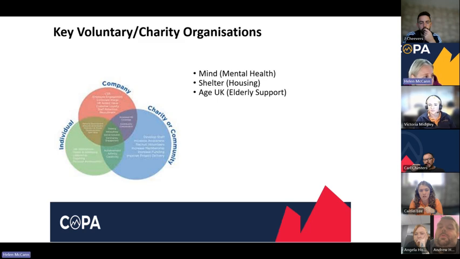Anybody else got any key voluntary or charity organisations that they might work with? Have you ever done any charity work for Mind or mental health initiatives that are out there?